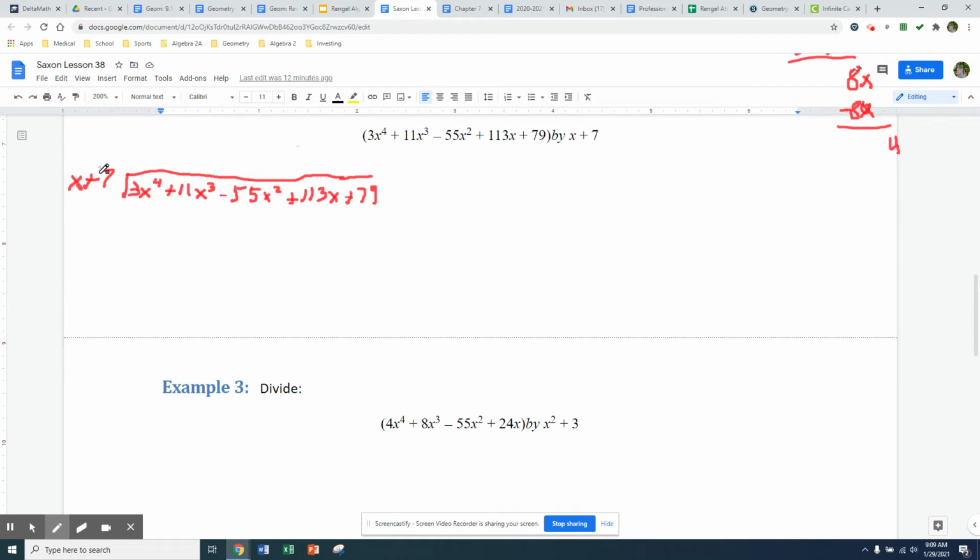All right, now we're going to look at our first time dealing with a binomial. We're going to use the same idea where we're trying to match the first term to start building our quotient. Whenever we have a binomial, we're only focused on the first term of it.